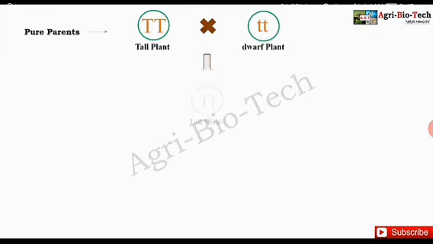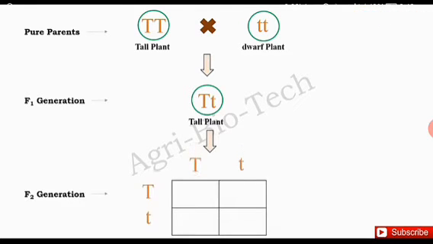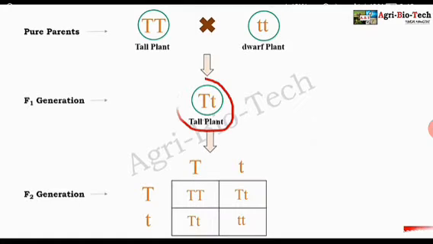He selected pure parents for tallness and dwarfness, and in the F1 generation he obtained tall plants, but they are in the heterozygous condition, that is capital T small t. In the F2 generation what did they get? Capital T capital T, capital T small t, capital T small t and small t small t.